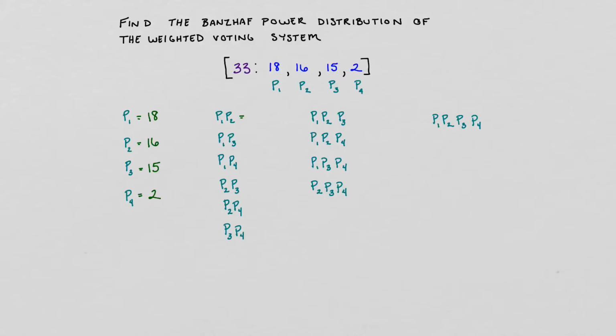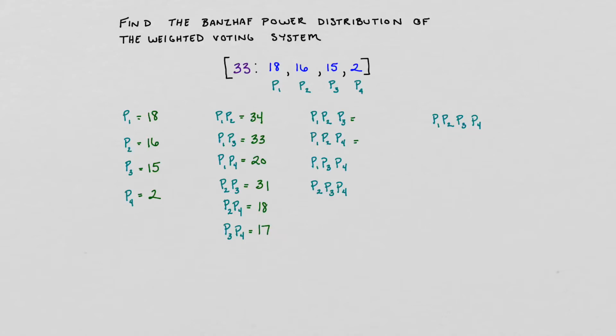So here's where I'm going to add their weights together. So player 1 and player 2 would have a total of 34. Player 1 and 3 would be 33. Player 1 and 4 is 20. 2 and 3, 31. 2 and 4, 18. And 3 and 4, 17.